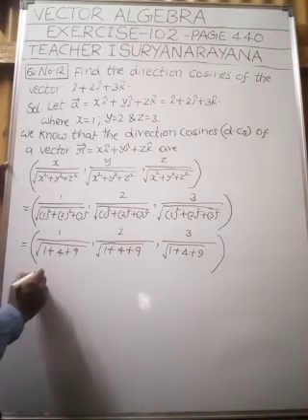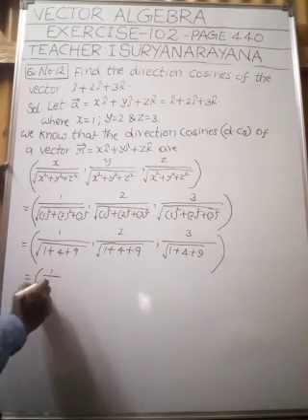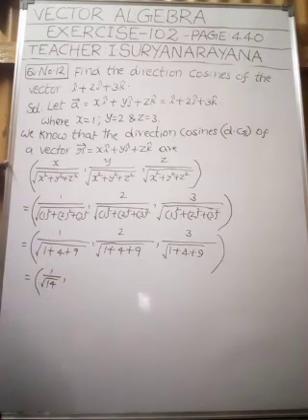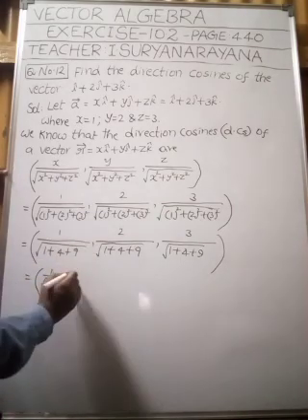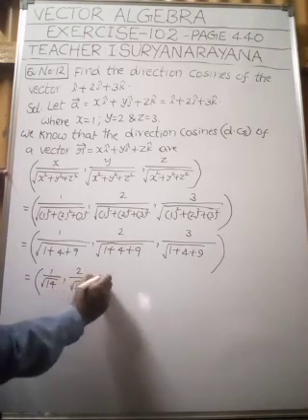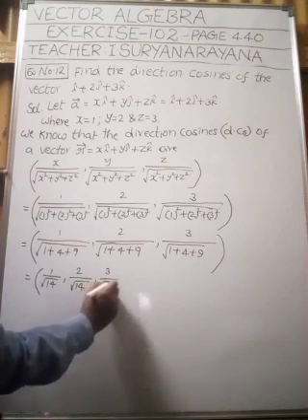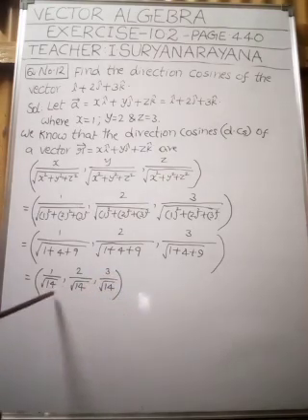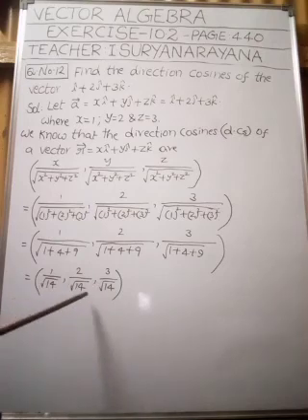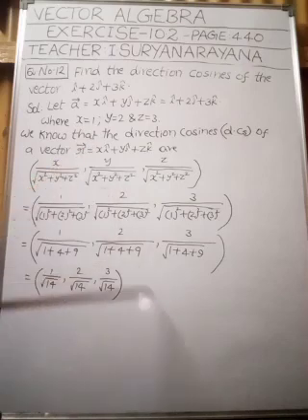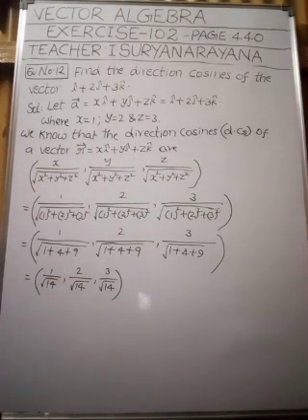Right. That is equal to 1 by square root of 14. Okay, my children, understood this x coordinate. Now the y coordinate, 2 by root 14, comma 3 by root 14. Okay, my children, this ordered triplet is said to be the direction cosines of the given vector. Okay, my children, understood?